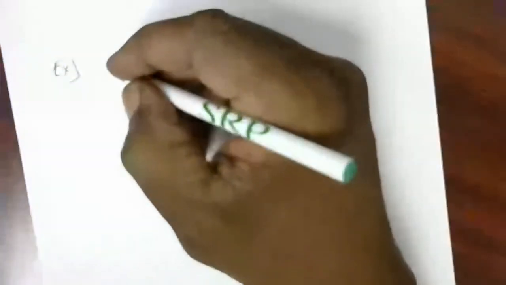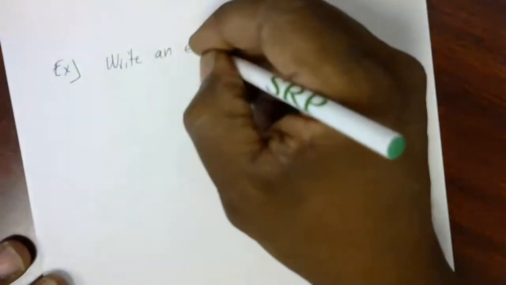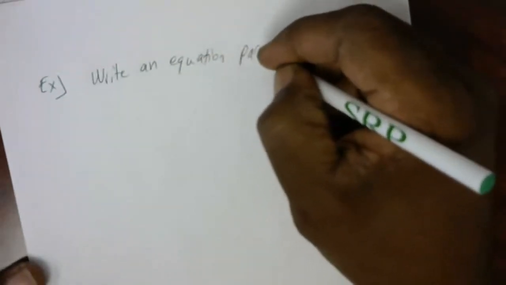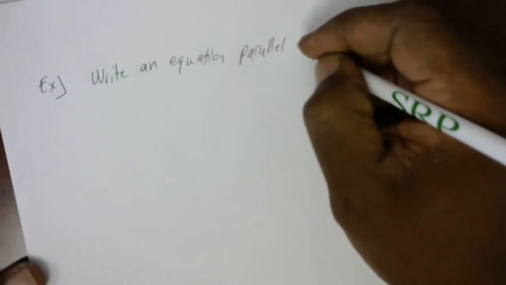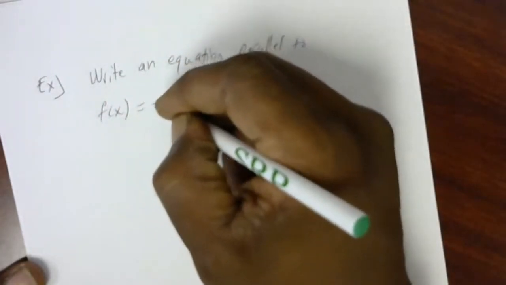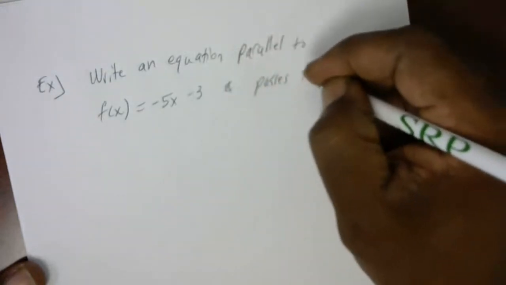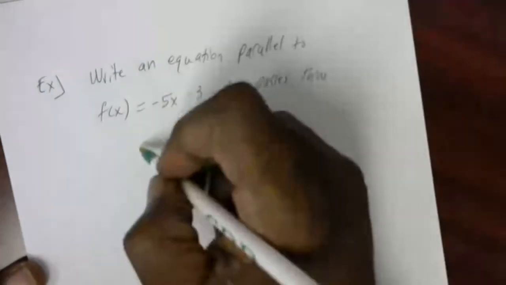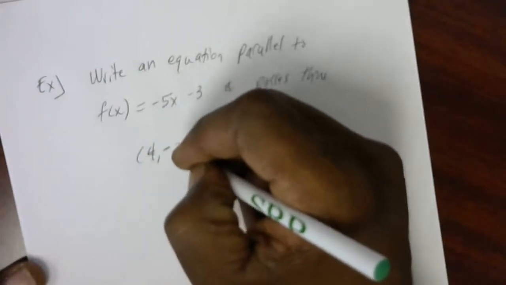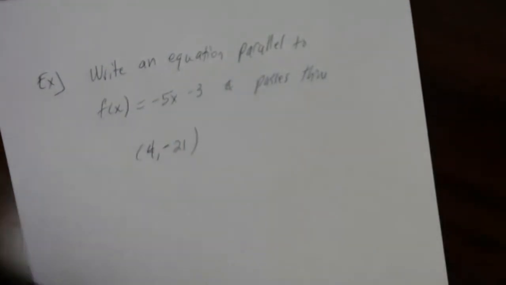We're asked to write an equation parallel to the equation f of x is equal to negative 5x minus 3 and passes through the point (4, -21).